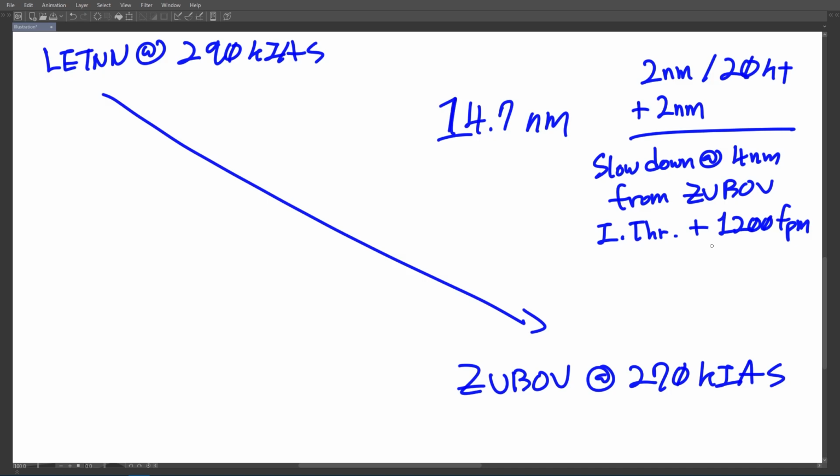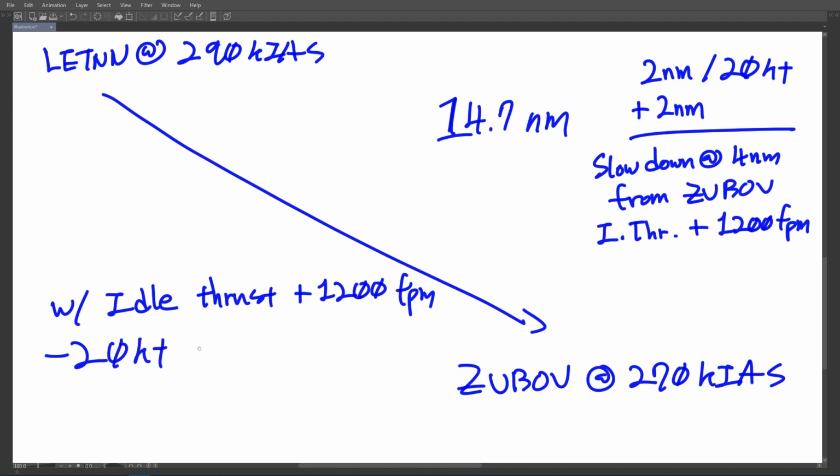I tried out how many miles it will take for us to reduce 20 knots at 1,200 feet per minute. My rule of thumb is that with idle thrust and at 1,200 feet per minute, you will lose 20 knots in 5 miles.